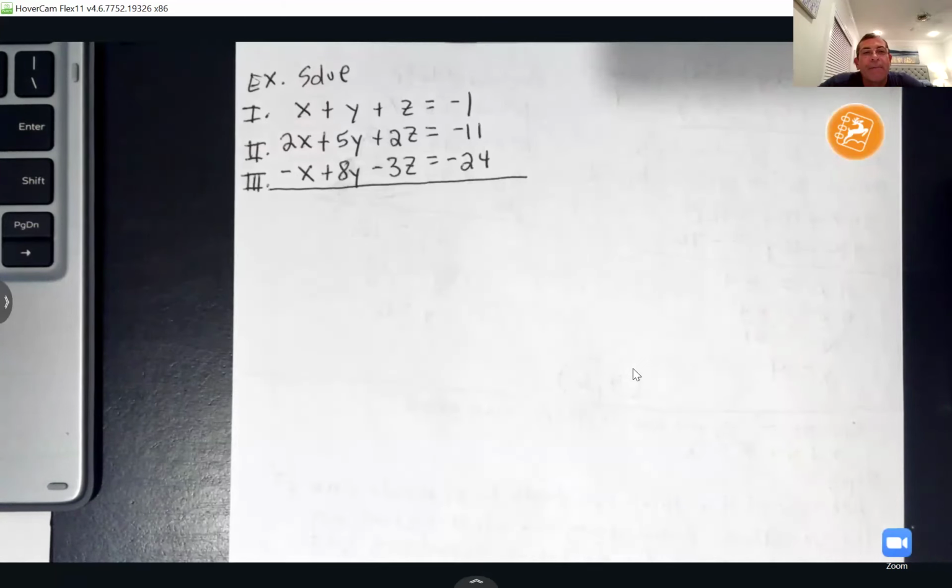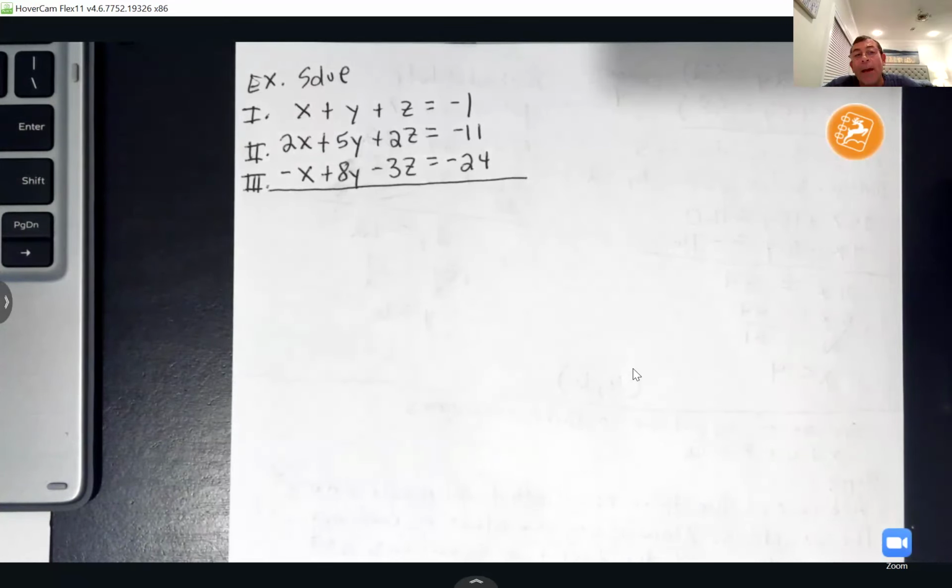So here's the thing. I got to pick one of these three variables that looks the easiest to eliminate. And y'all, I know what I'm looking at up here. I'm looking at those x's, because I can add 1 and 3 right off the bat. If I add equation 1 and 3, the x's will cancel.